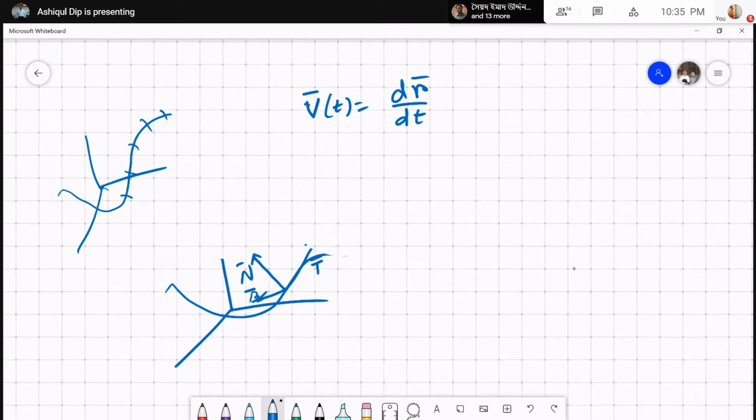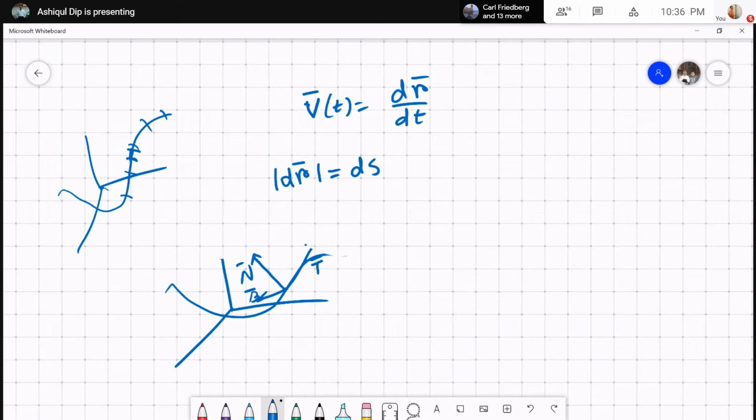If you have a small arc on that trajectory, it has an infinitesimal vector dr. The norm of that dr vector is called ds, that infinitesimal length, right?